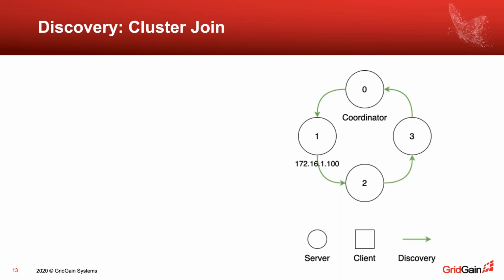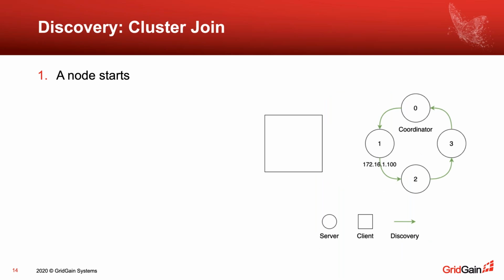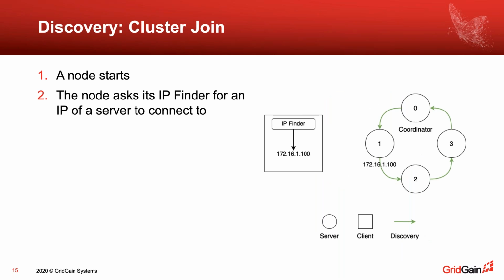And let's briefly look at how a cluster join works in Apache Ignite. So a node starts. When a node starts, it asks its IP Finder for an IP address, which it will use to try to find a server and try to connect to it.